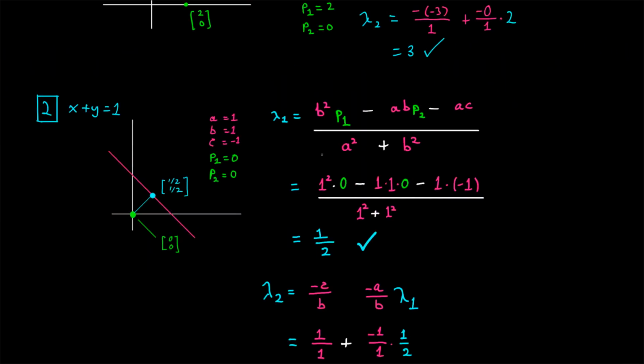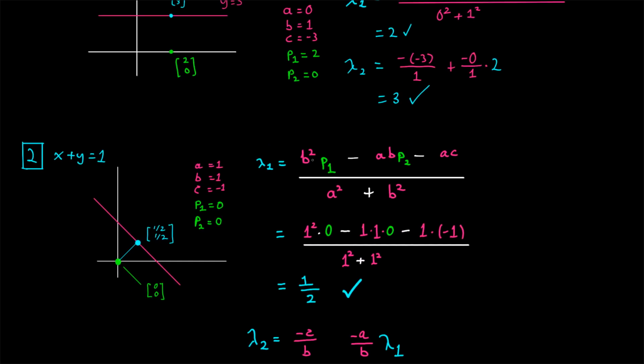All right, so lambda 1, that's b squared p1 minus ab p2 minus ac over a squared plus b squared.